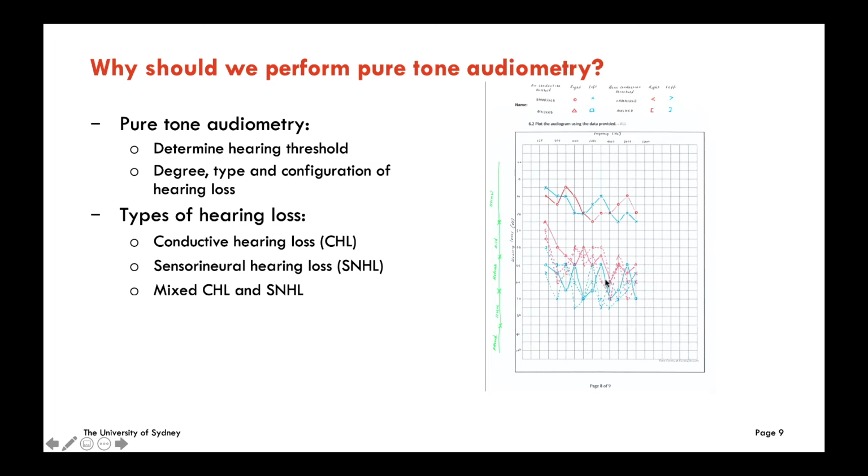So looking at that hearing threshold, we're talking about a range of mild to moderate hearing loss on the right ear. And we can say it's sensorineural because you're looking at bone conduction.